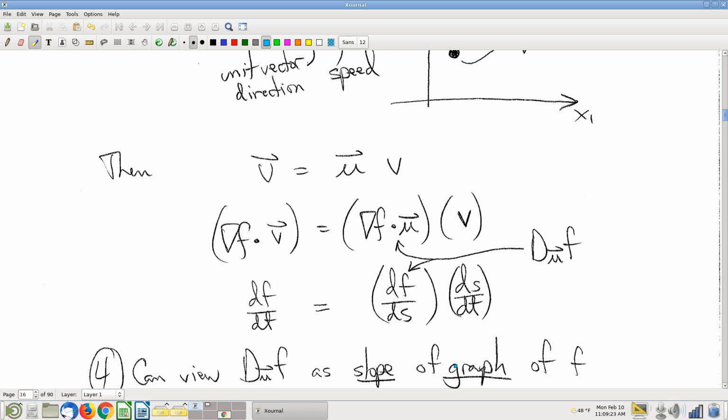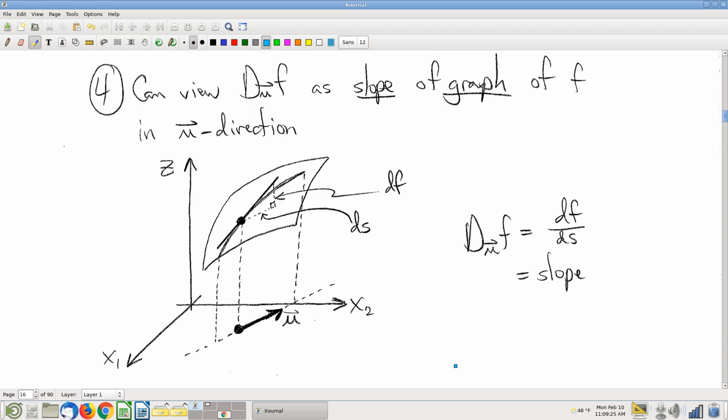Okay, neat fact. Valuable interpretation of directional derivatives. Let's take that same scenario and think about it in the graph context. Maybe when we're hiking, I'm not interested in temperature as a function of distance traveled. Maybe I'm interested in altitude as a function of distance traveled. Altitude, that's the thing. If you're looking at a graph of a function, you're thinking of the function as representing altitude in some sense, right?